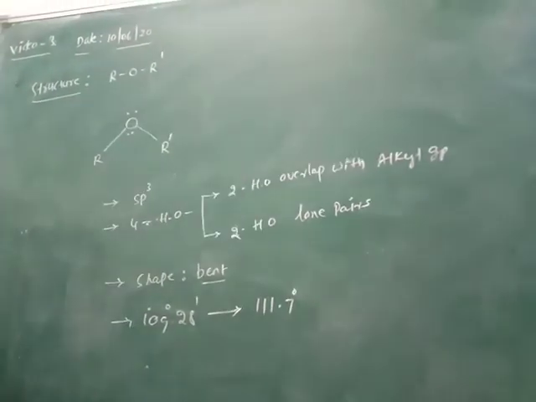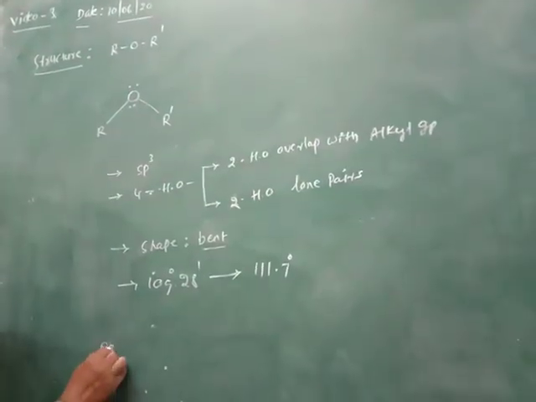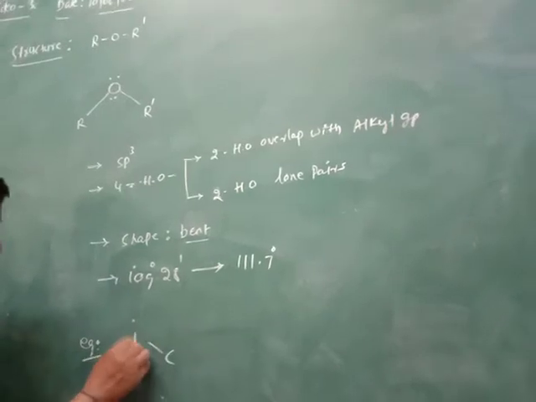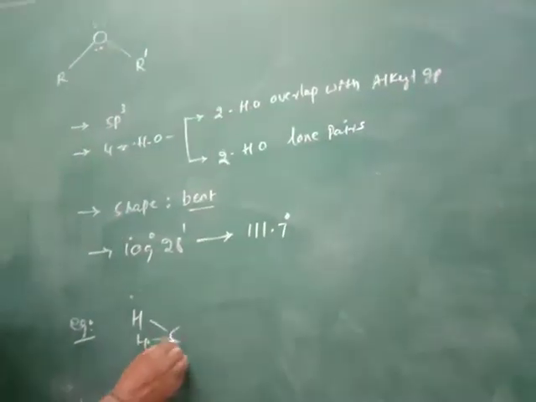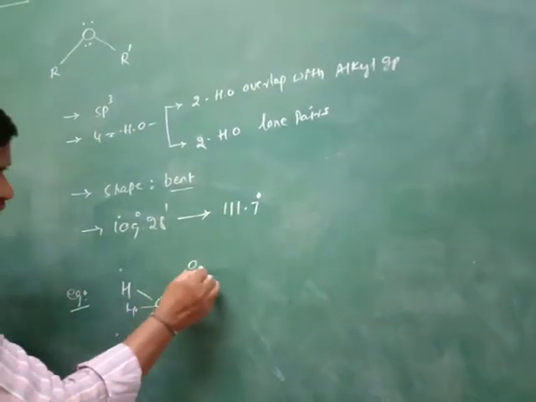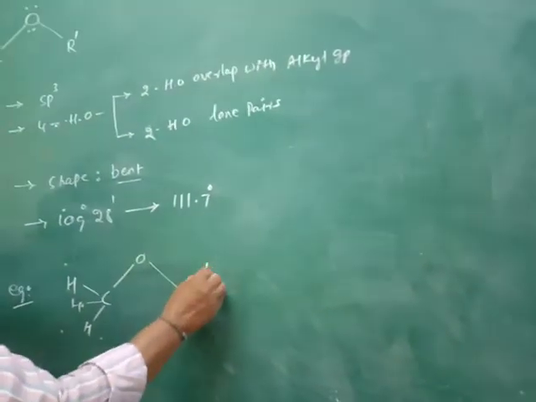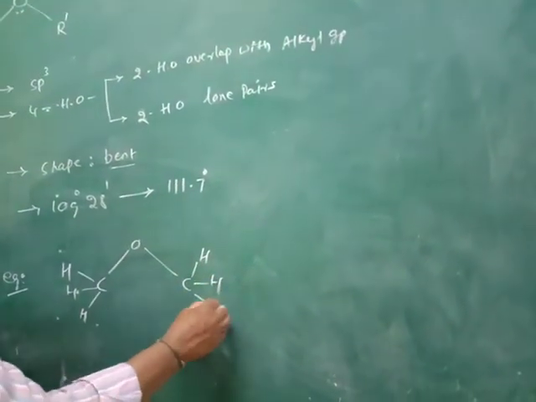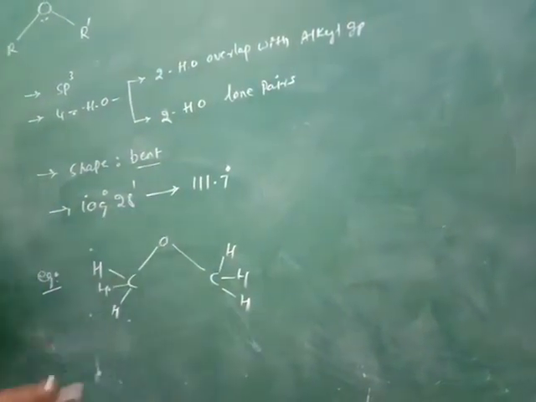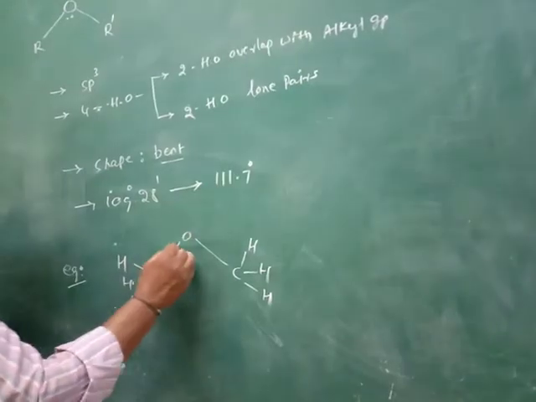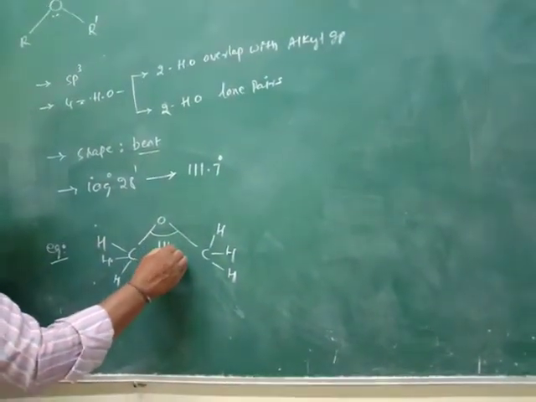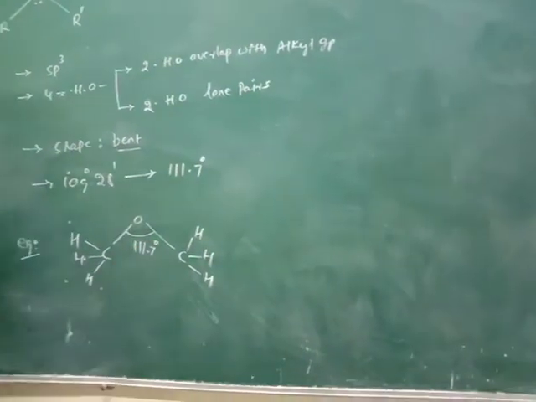Let us explain with one example: CH3-O-CH3, that is ROR. Generally the C-O-C bond angle is 111.7 degrees.